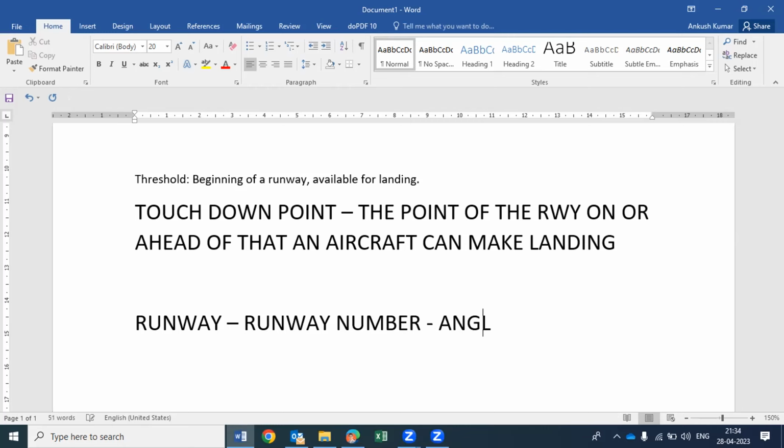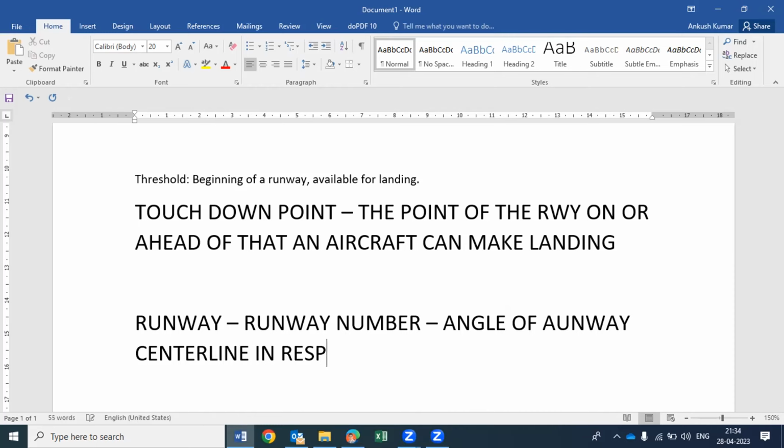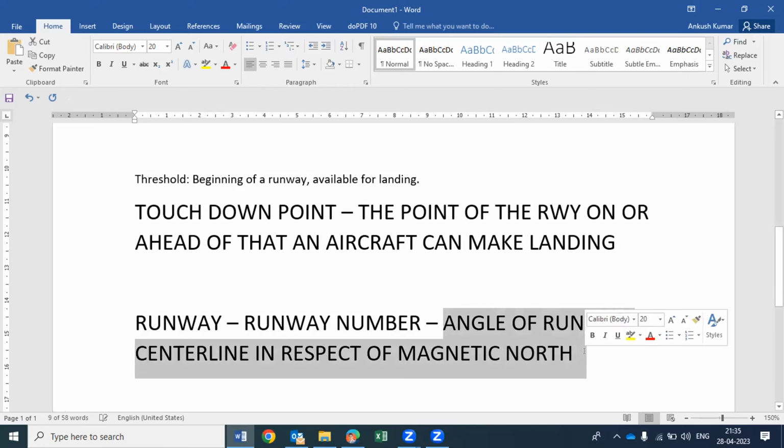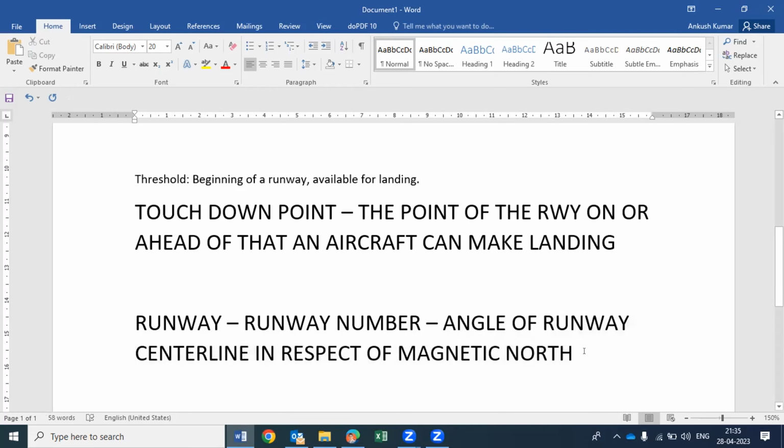It means the angle of the runway center line in respect of the magnetic north of Earth. Everyone got it? Runway number means the angle of the runway center line in respect of magnetic north. Everyone, please note it down.